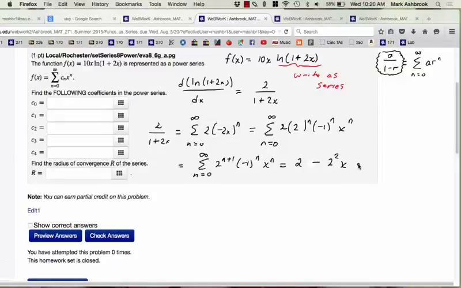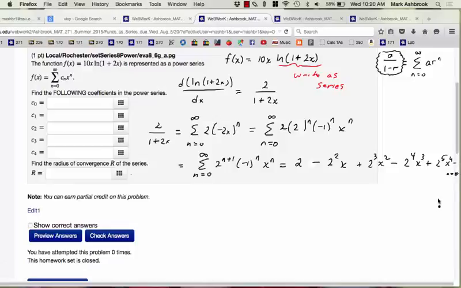And when n equals 2, we're going to get plus 2 cubed x squared, and then minus 2 to the 4th x cubed plus 2 to the 5th, dot dot dot.